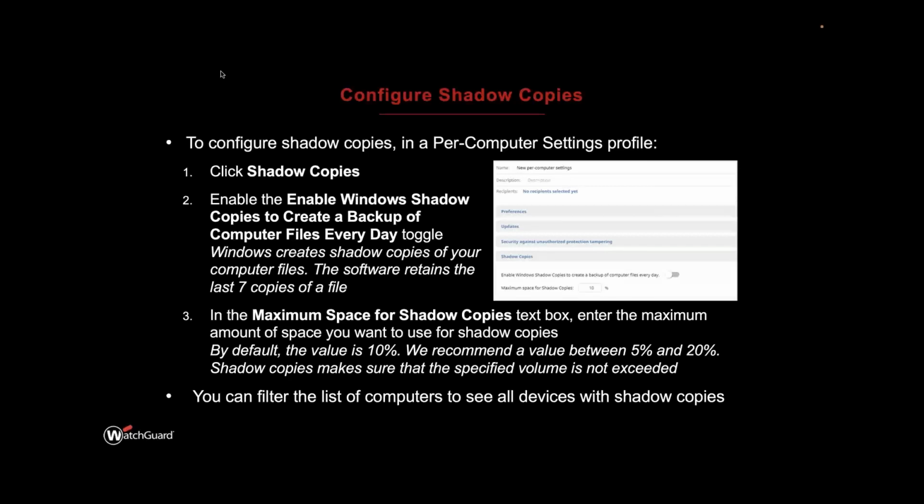The only thing you have to configure is the percentage of disk space allocated, or rather the maximum space that can be allocated, not pre-allocated, to the shadow copies that we manage, which by default is 10%. Again, we're just leveraging the Windows shadow copies feature to manage it and to protect it with anti-tampering.